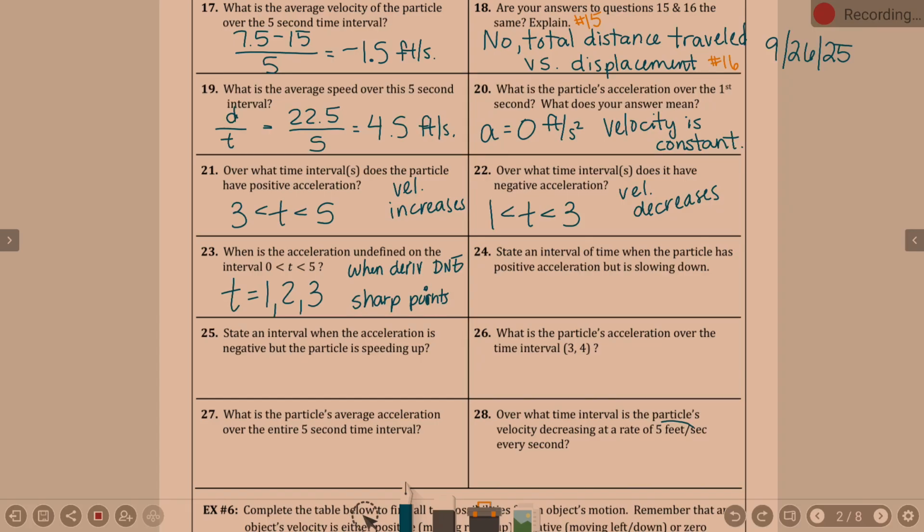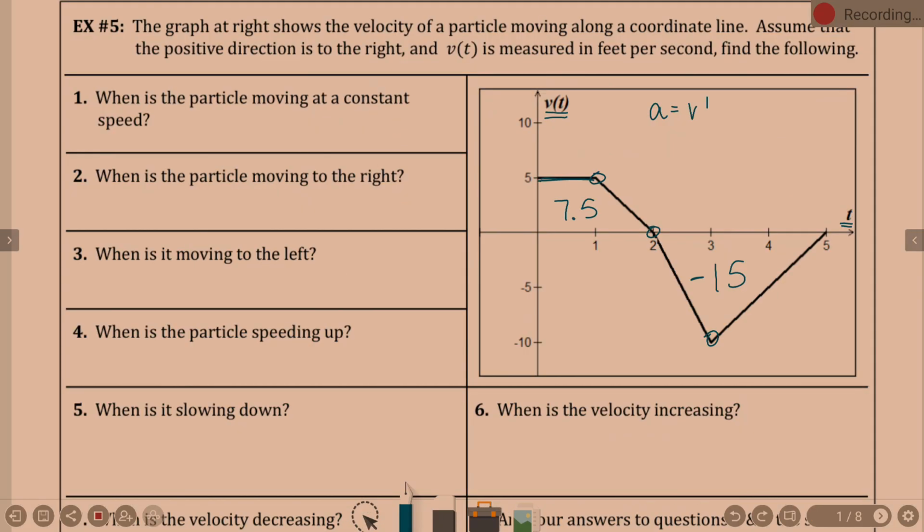State an interval of time when the particle has positive acceleration but is slowing down. Positive acceleration but slowing down.